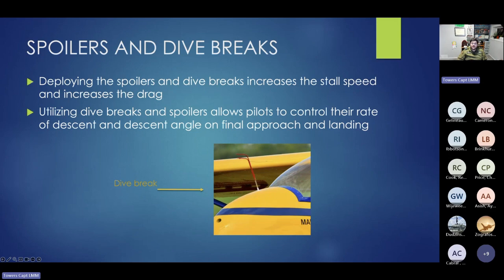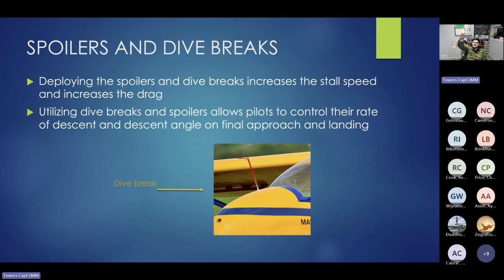But when you deploy the spoilers and the dive brakes, it's going to increase the stall speed and increase the drag. Utilizing dive brakes and spoilers allows pilots to control their rate of descent and descent angle upon final approach and landing. So instead of going, I'm too high, I need to lose more altitude, and pointing at the ground, well, that's going to increase your airspeed, and by the time you get to the ground, you're just going to be rolling forever.